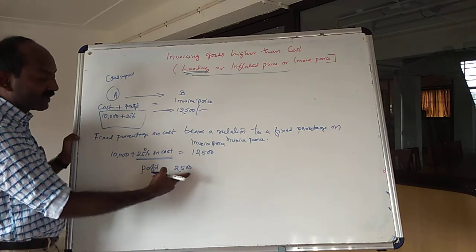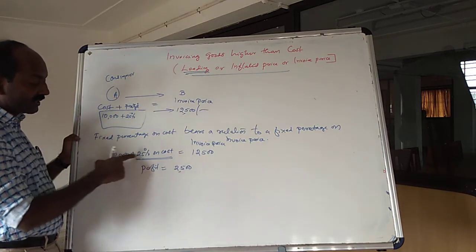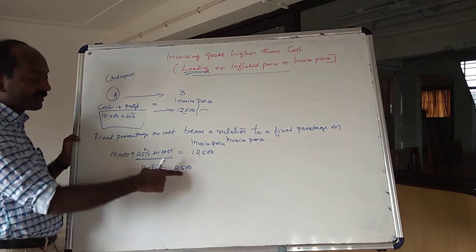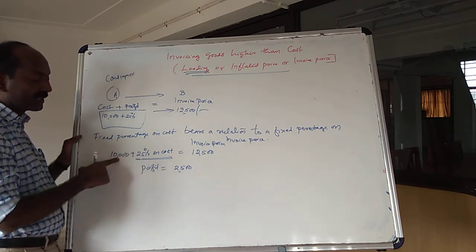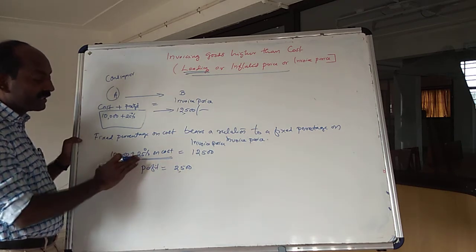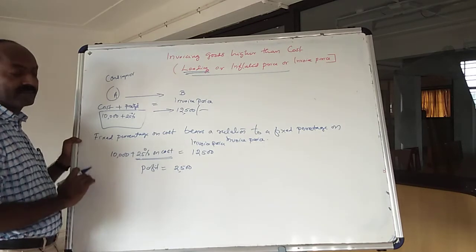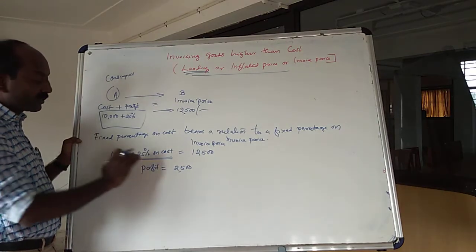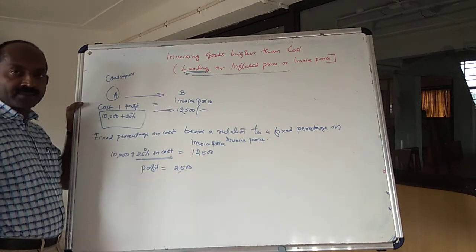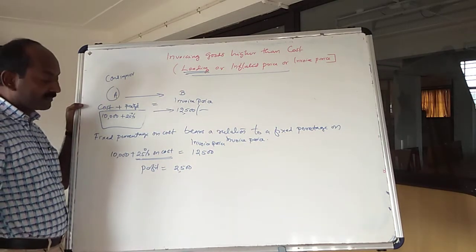This profit of 2,500 is 25% on 10,000. That means we are saying in general that it is 25% on cost. Now 25% on cost is equal to how much percentage on invoice price? That is what we are trying to see.